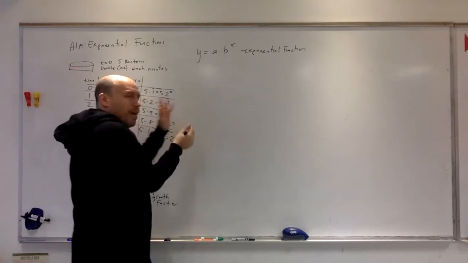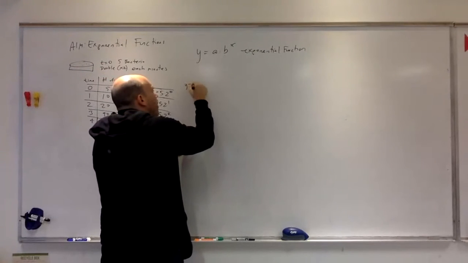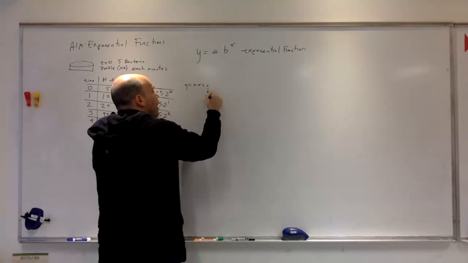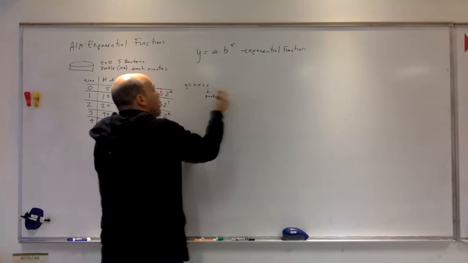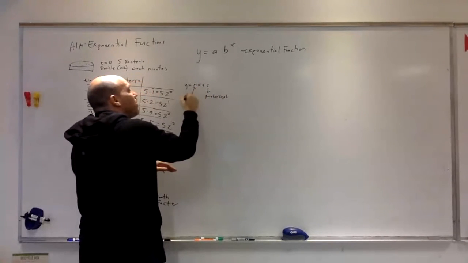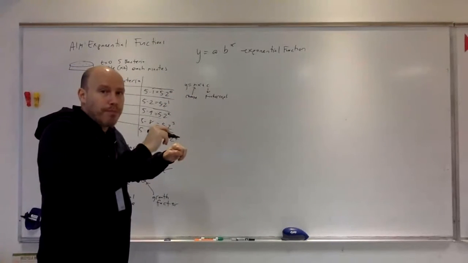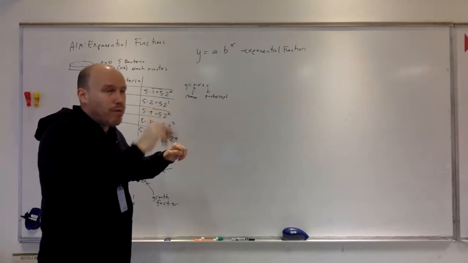And so let's just take it on the side a little bit. Y equals mx plus c. This is the y-intercept, and this is the slope or the change. And we saw with linear, it just goes up and over, up and over.